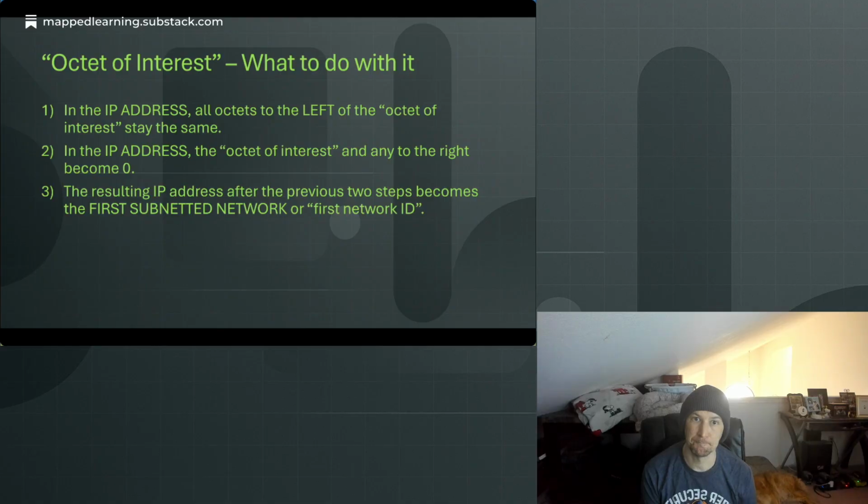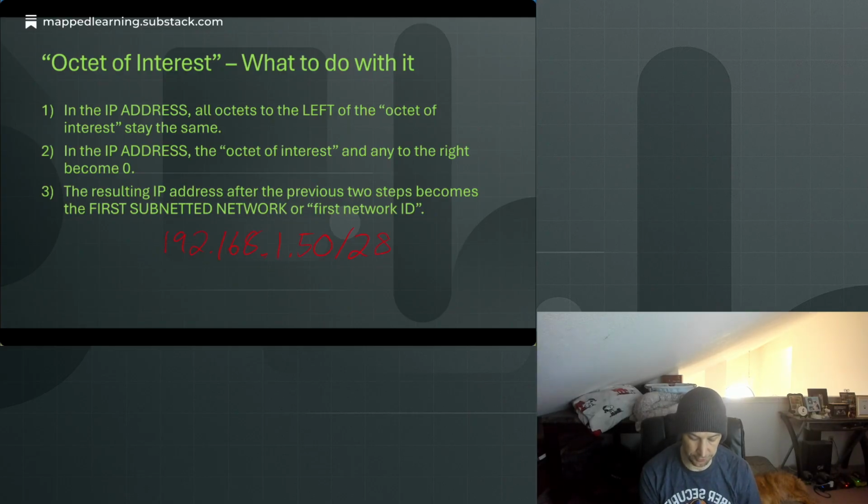What do we do with it? And this is the key. We're going to use the same example as before: 192.168.1.50/28. I'm just going to keep it the same.